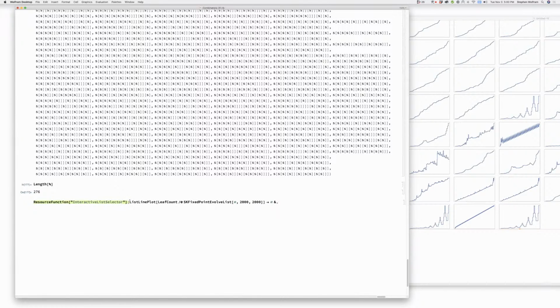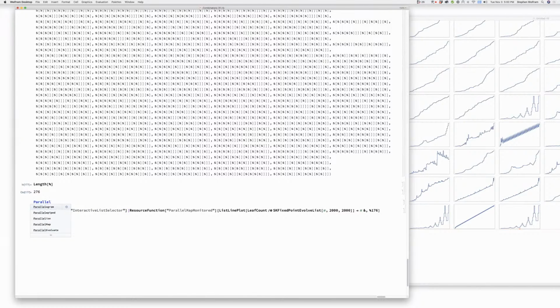Actually, let me go ahead and map that onto line 176. But actually, I want to check one thing first. I want to check that we're actually correctly parallel computing this.